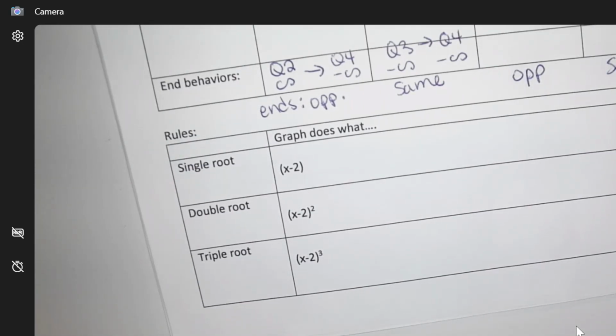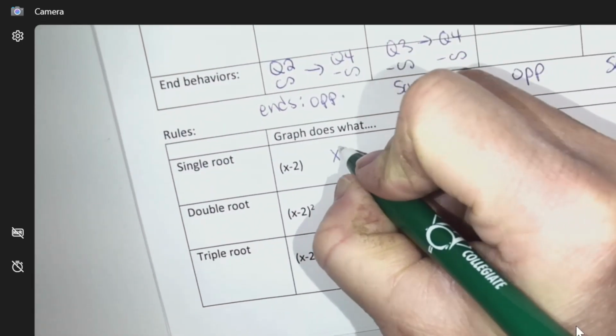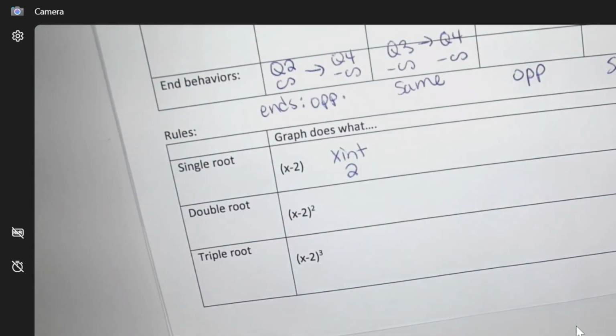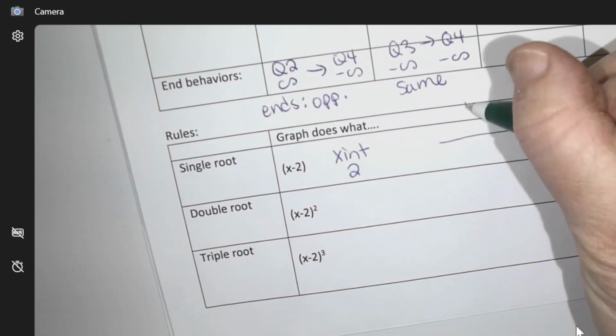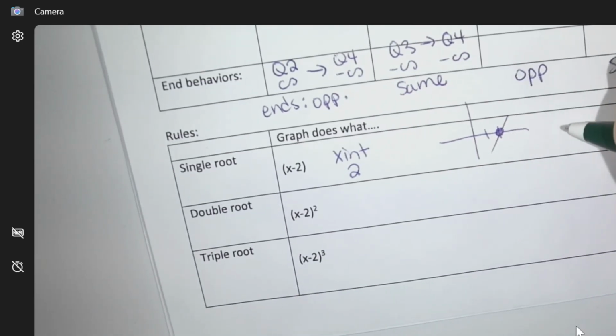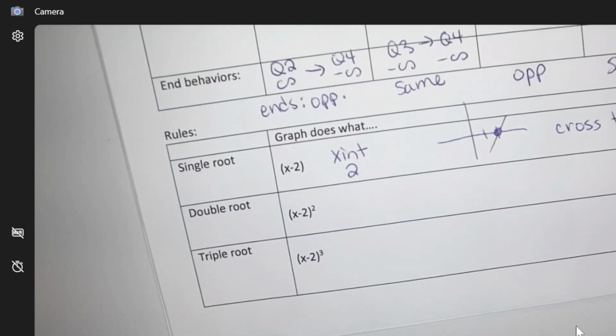What does this mean? So if you have this as a factor, the x-intercept is going to be at +2, which means your graph is going to cross through it somehow at 2.